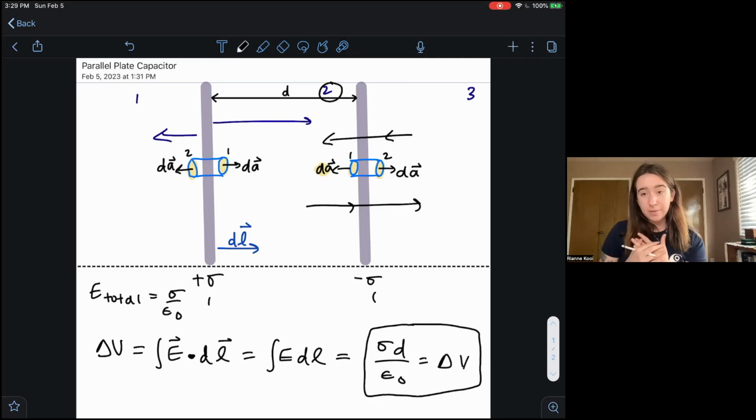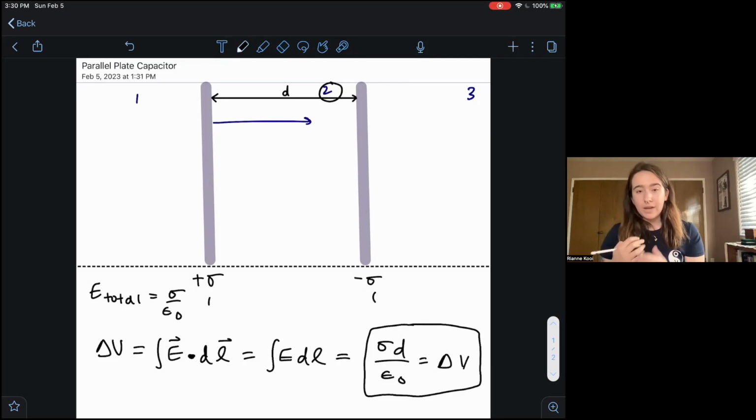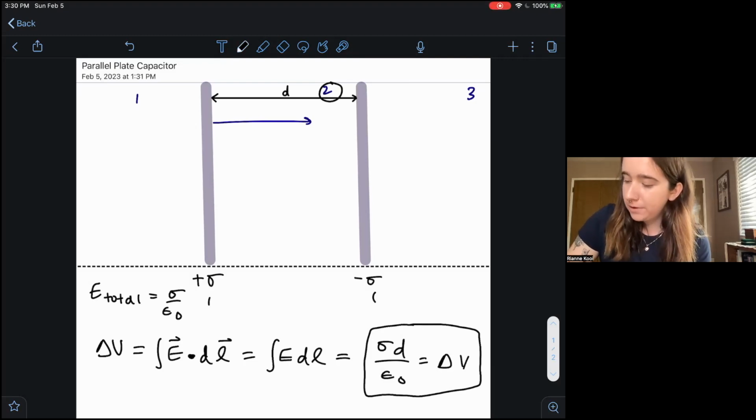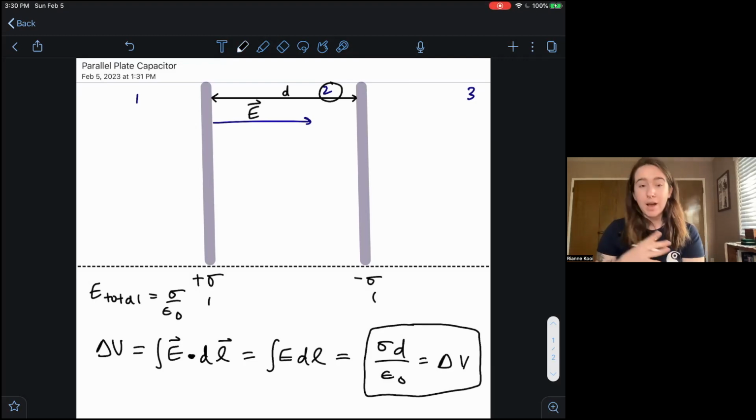So now that we've solved for the potential difference, let's think about what this means practically. I want to talk about one important thing. This is our E field vector right here. It's flowing from positive to negative. So let's imagine that we have two different particles that are traveling in this capacitor in between the two plates.